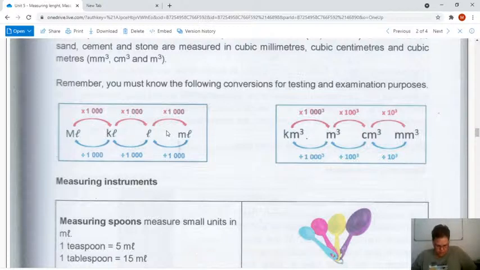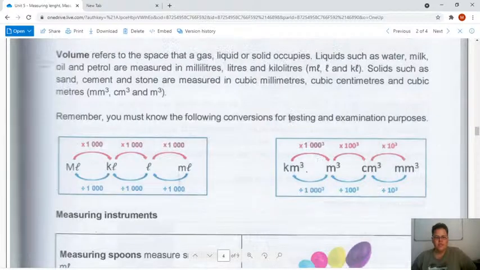I want you to take this, okay, and write it in your books. Draw the table for yourself so that you know and have it when you are going to study. This is very important. You are going to have to use it. What is the difference here? Volume is measured in milliliters, liters, and kiloliters.